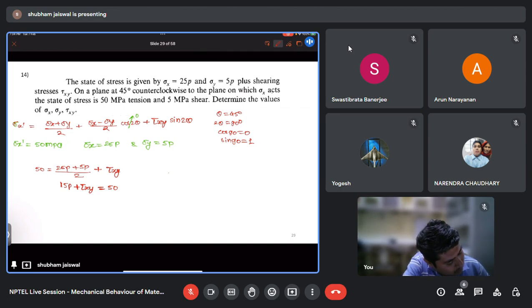And we also have the second equation, tau x prime y prime is equal to minus (sigma x minus sigma y) by 2 sin 2 theta plus tau xy cos 2 theta.